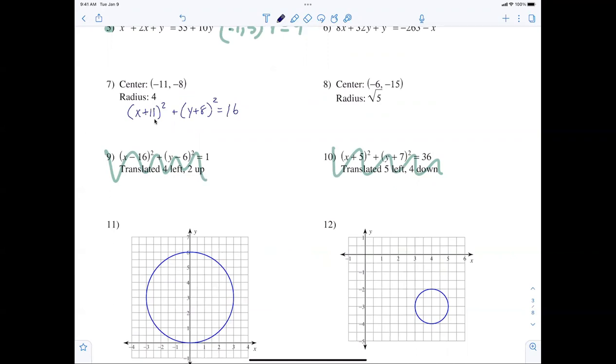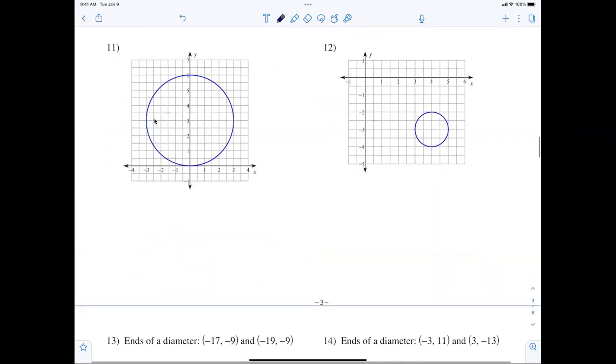All right, so let's take a look at number 11. Now we have to find the center of the circle. Somebody find it. What is the center of this circle? Somebody said (0, 3). Does that look right? That looks like the center, correct?